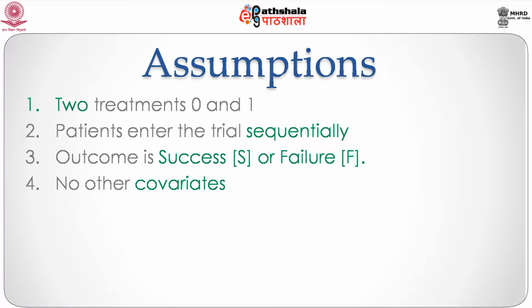The outcome of the trial is either success or failure, and finally we assume that the probability of success or failure depends only on the treatment, that is, there are no other relevant covariates which influence the occurrence of success or failure.